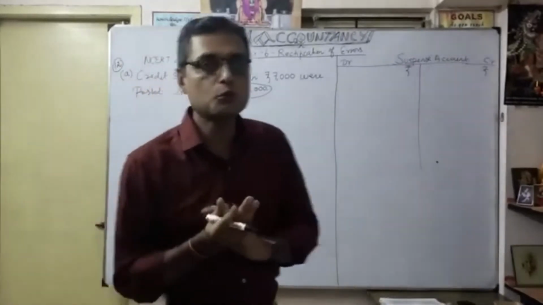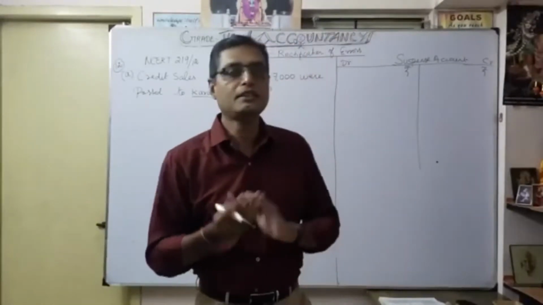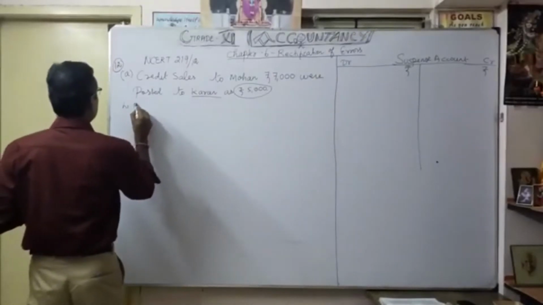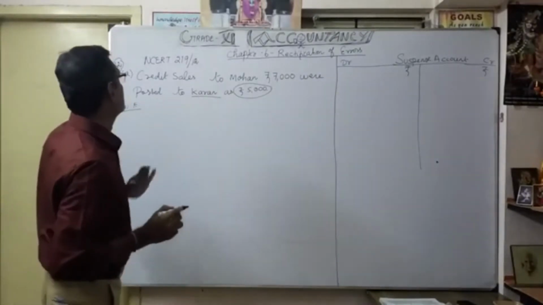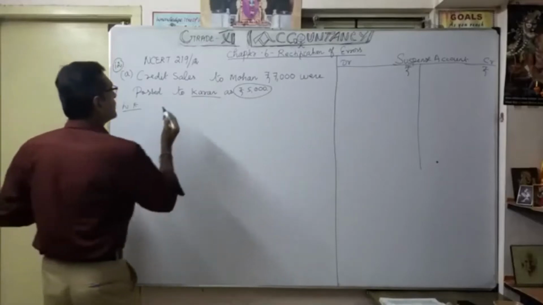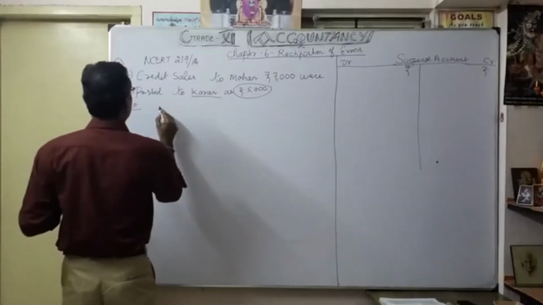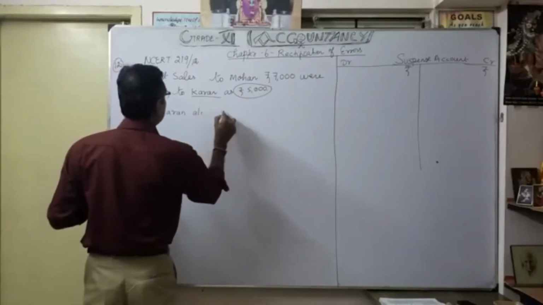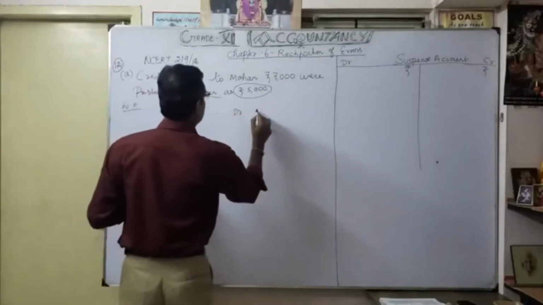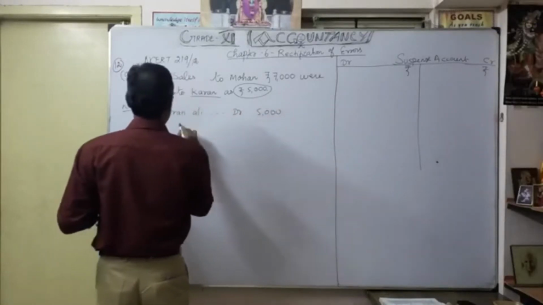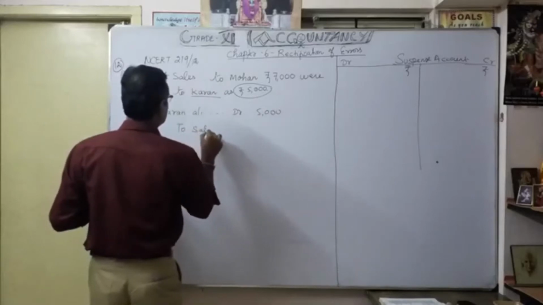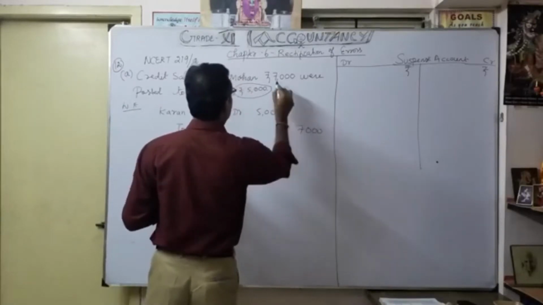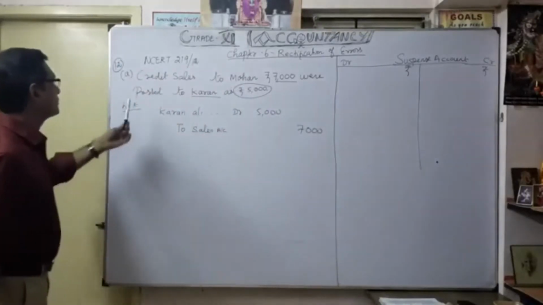Understood. So how are we going to do it? If you write the correct entry, the wrong entry, and the rectification entry, the work is very easy. Let's see the wrong entry. They posted to Current. Current account debit 5,000 to sales account, sales account correct at 7,000. Only they posted to the current account.